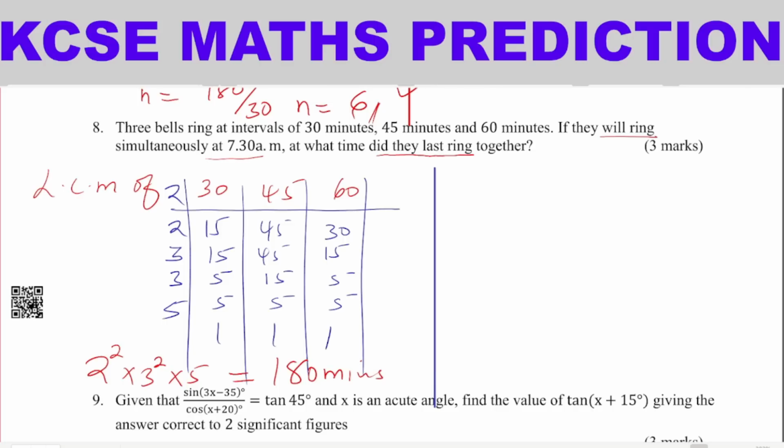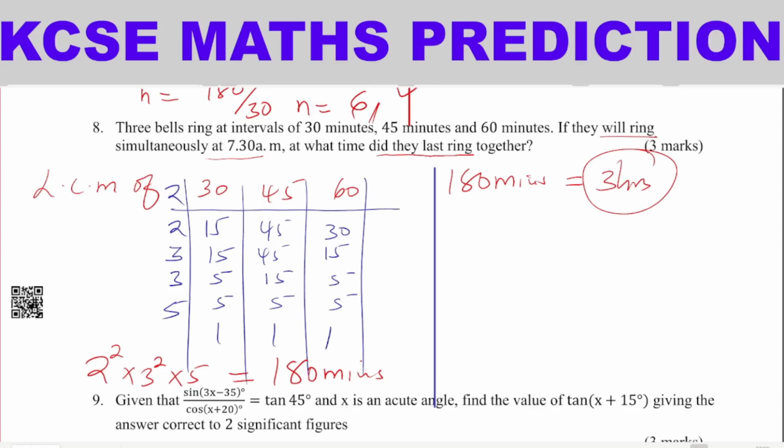So 180 minutes is the time taken before the bells ring, from the first time to the next time. 180 minutes is 3 hours. So they ring together after every 3 hours. If they ring together after every 3 hours, and you are given that they ring simultaneously at 7:30 a.m., what time did they ring last?